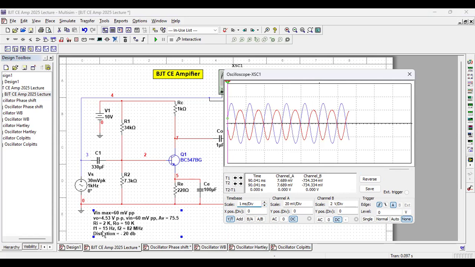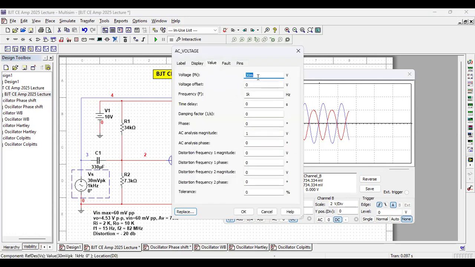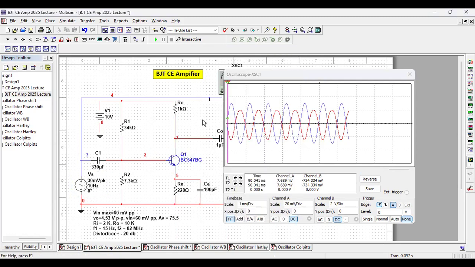Now, lower cutoff frequency is 15 hertz. Let us run this amplifier at a very low frequency of, say, 10 hertz, below the lower cutoff frequency.